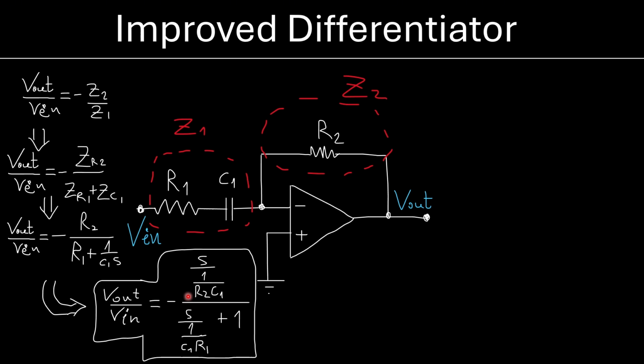First of all, I notice that R2C1 over R1 over R2C1 is much smaller than 1 over C1R1. I know that this frequency, as it starts from 0 and increases, is going to get closer to this value much quicker than it will get to this value.